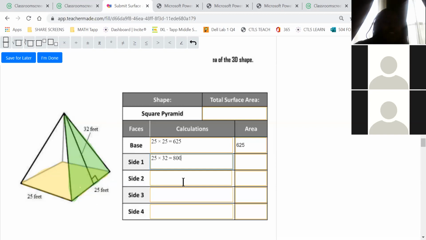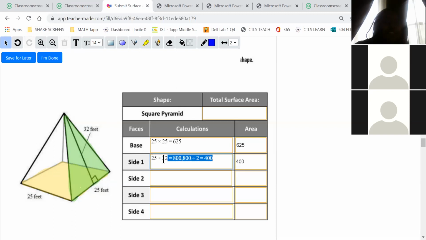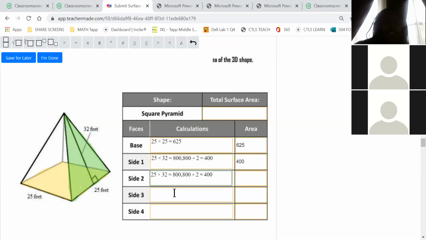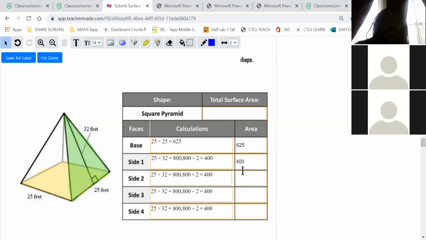Now it's time for us to divide our answer by 2. So 800 divided by 2 is 400. So I know that the area of one of my triangular lateral faces is 400 square feet. So that will be the same answer for all 4 triangles.